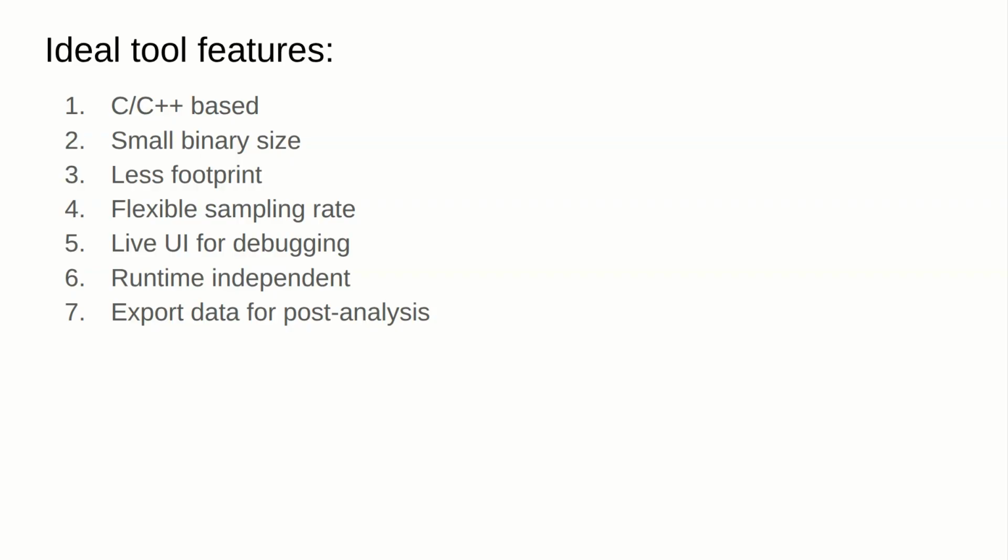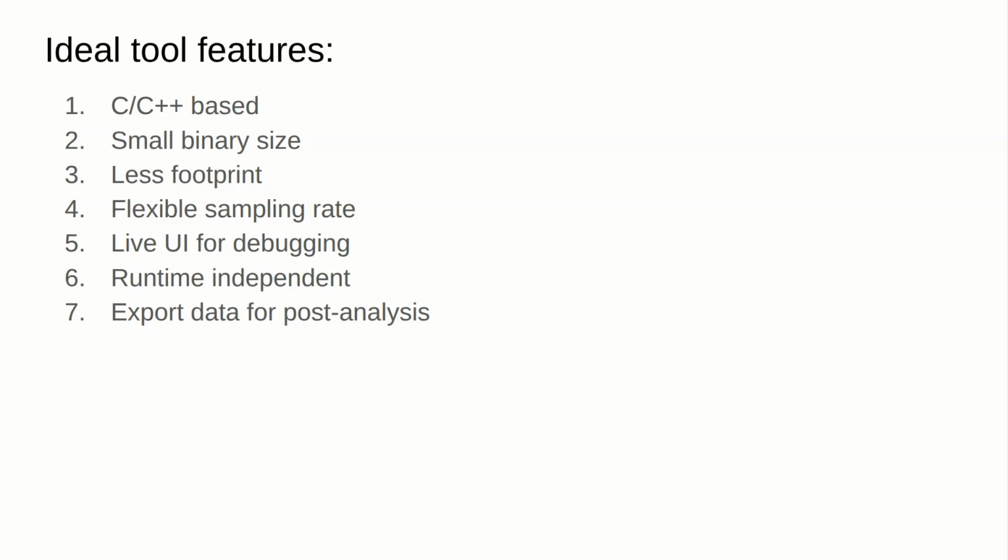So the binary size and the resource consumption of this application should be as small as possible, and the rate at which the data is sampled should be very high and should be flexible also, because we are speaking about SLB applications, SLA applications, and QM applications to be in the form of containers.